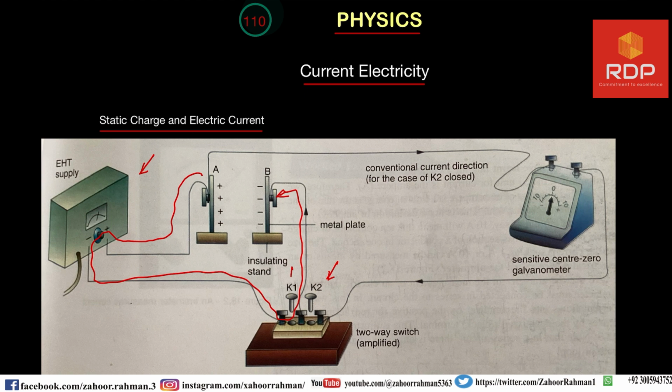Only K1 is plugged in, and there is only one path for the flow of charges from positive to negative in this case. So far, we are dealing with the conventional current, which is due to the flow of positive charges.